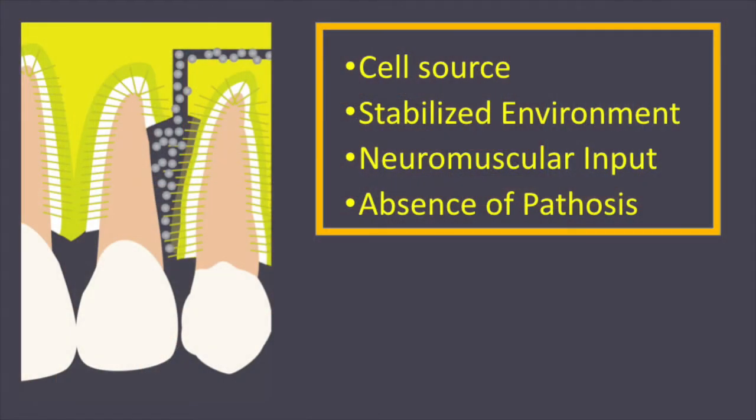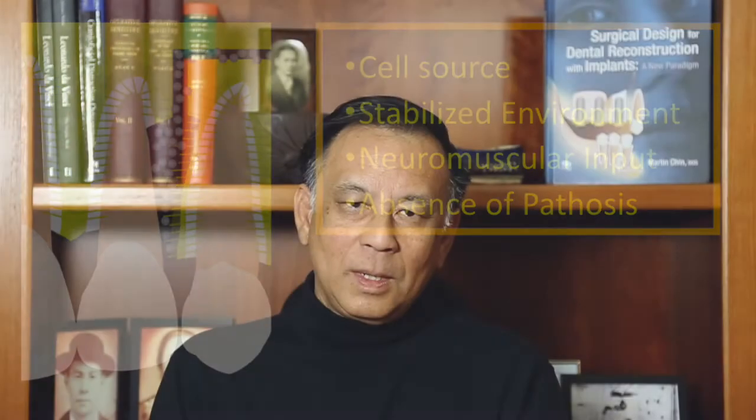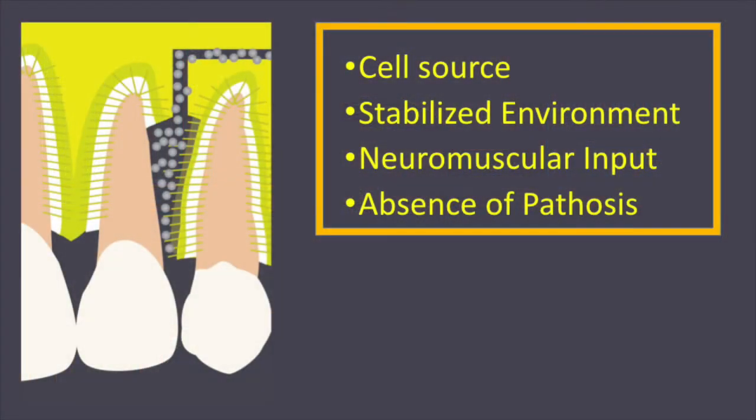There is no catabolic process that would initiate possible damage to the other tissue, including to the root of the lateral incisor tooth. So in this situation, we are proposing a design to create a chamber for regeneration that meets the 4 criteria for a bone-forming construct. The first criterion is the source of cells, which we will provide with BMP2 and some local cells. Because the chamber has been protracted into this narrow defect, the environment is stabilized by the roots and the bone. Neuromuscular input is then supplied by the periodontal ligaments and the Sharpey's fibers from them that extend into the chamber.